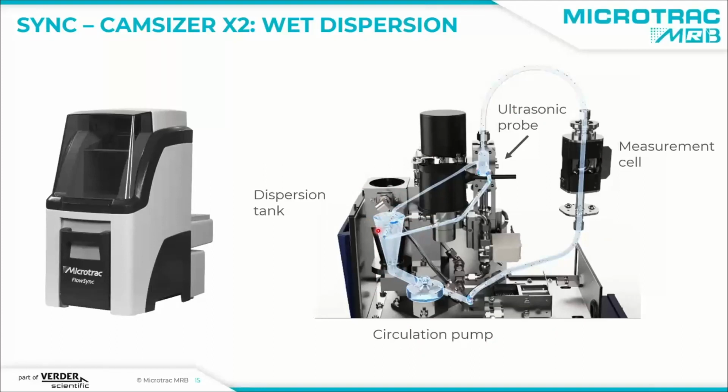It can be water, it can be alcohol, it can be an organic solvent. And this carrier fluid is pumped through a glass cell. So here we have a cell with windows on both sides, and then it is transferred back into the dispersion tank. It holds up to 200 milliliters, and it's a closed circuit.